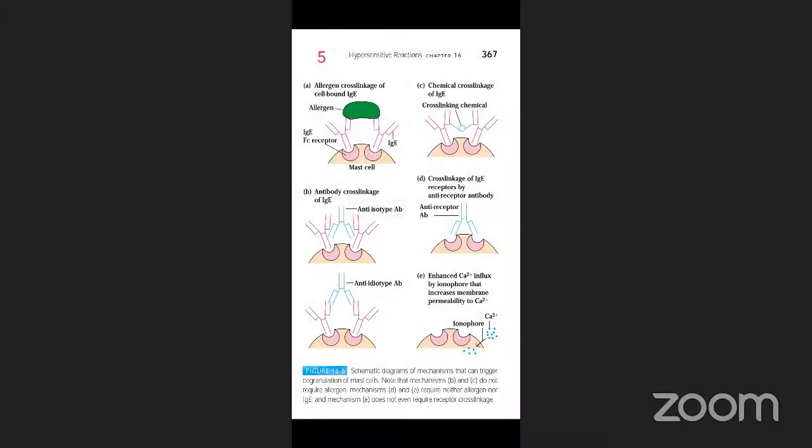If we see the process of degranulation or the hypersensitivity type one reaction, this is an overview of the allergic reaction.